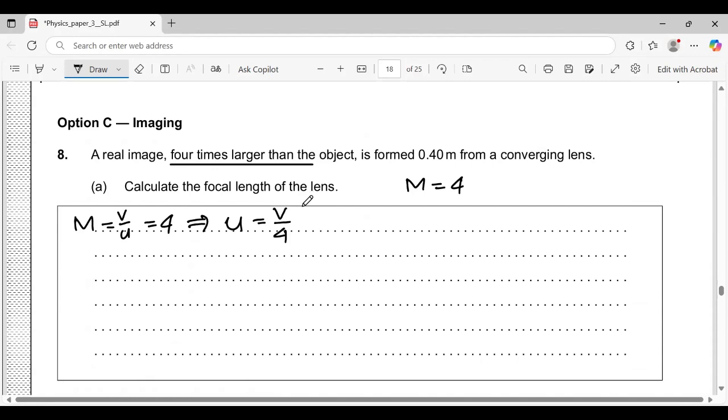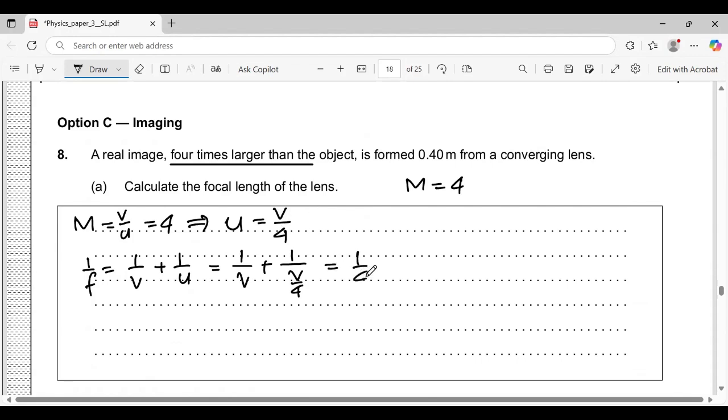And we will use the thin lens formula: 1 over F equals 1 over V plus 1 over U. So it is 1 over V plus 1 over V over 4, because U equals V over 4.